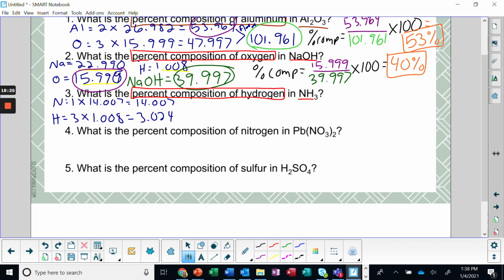Now I want the mass of the entire compound, so again we're going to add. Again, if I'm going too fast, you can always slow down the video or just pause it until you get caught up, right?